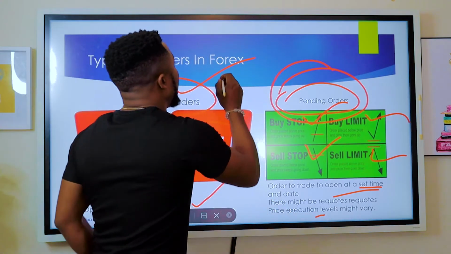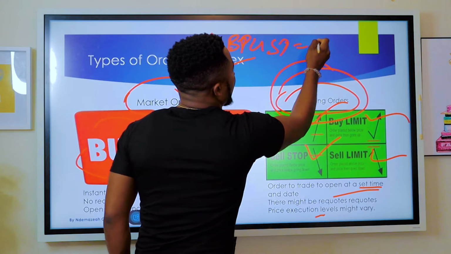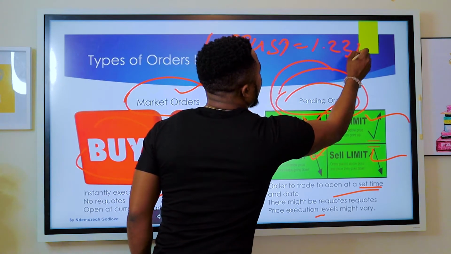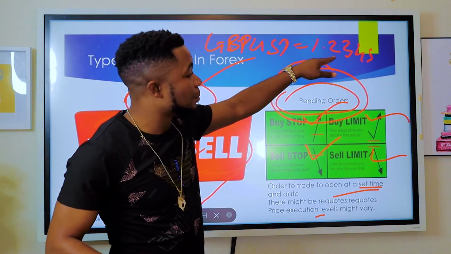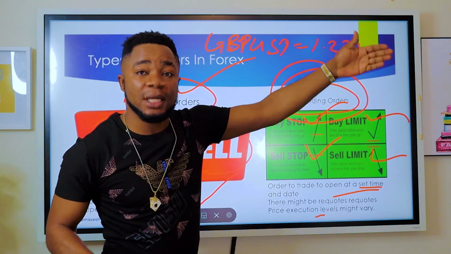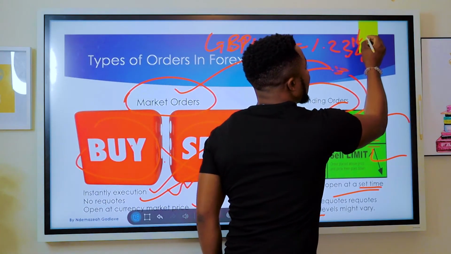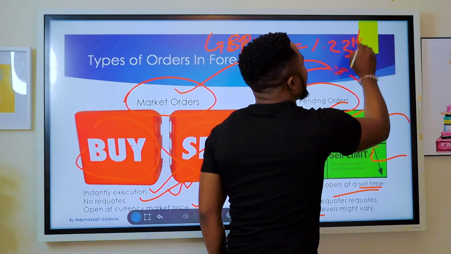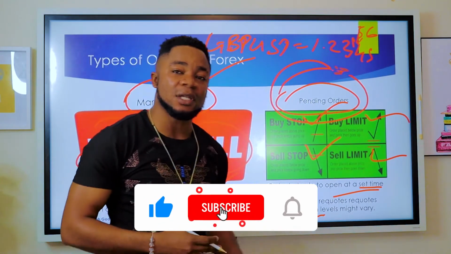Maybe you want to buy Great Britain pound USD at 1.2345. But by the time you are actually placing the trade, there can be a requote where you instead enter the market at maybe 1.2356. That means you are already negative in the number of pips.